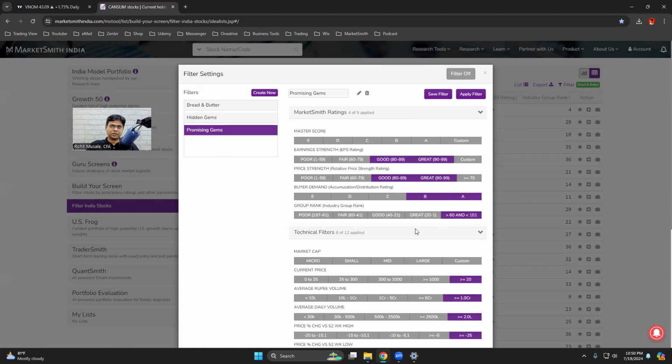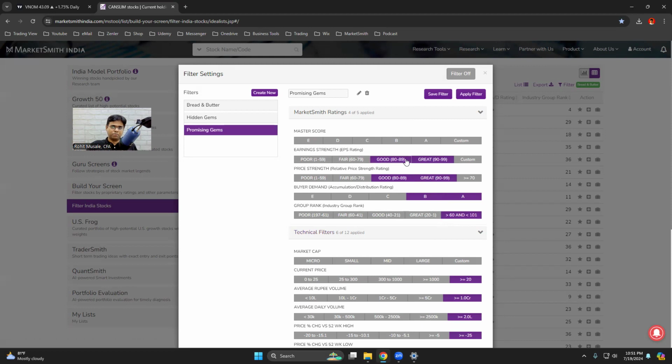If I have to summarize, these are stocks having industry rank from 61 to 100. They have institutional demand, great price strength, and also earnings strength, which means these stocks are earnings wise doing better than 80% of all the stocks in the Indian stock market.